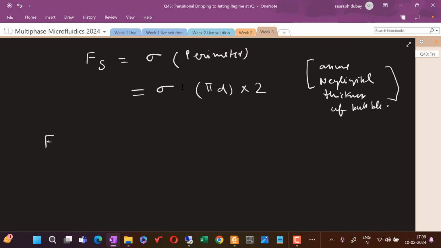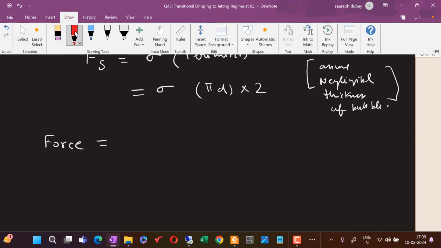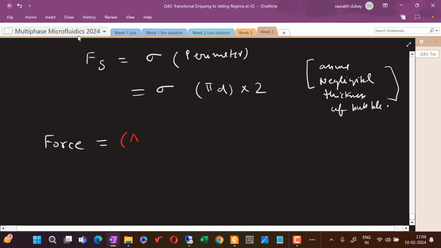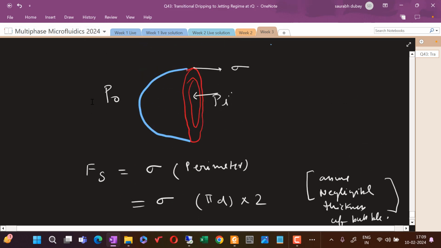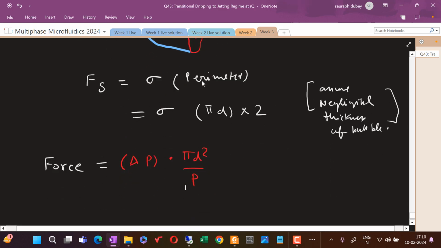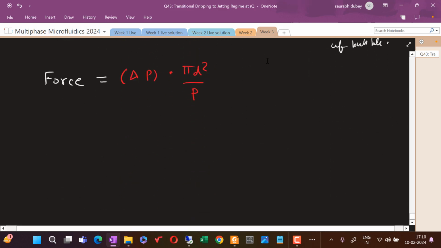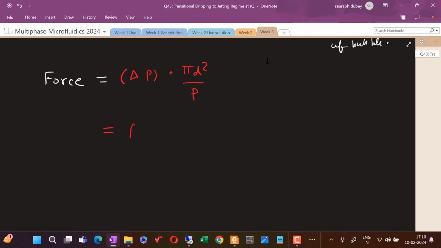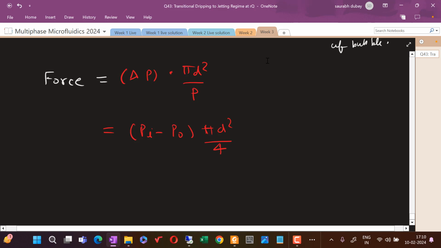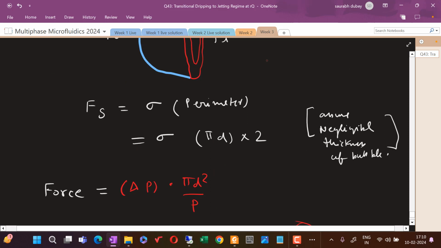Then force equals delta P times pi d square by 4. Whatever pressure difference there is between inside and outside, multiplied by the area where this force is acting, that is the force, that is P in minus P0 times pi d square by 4.